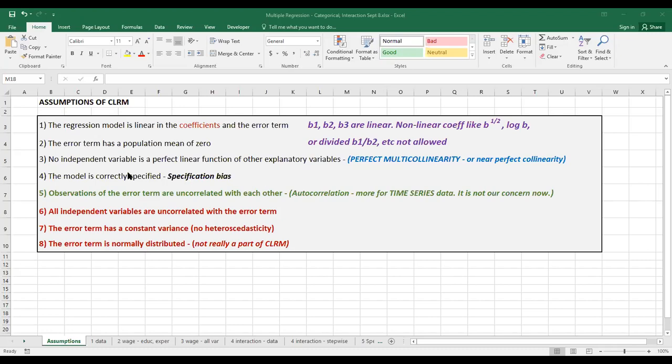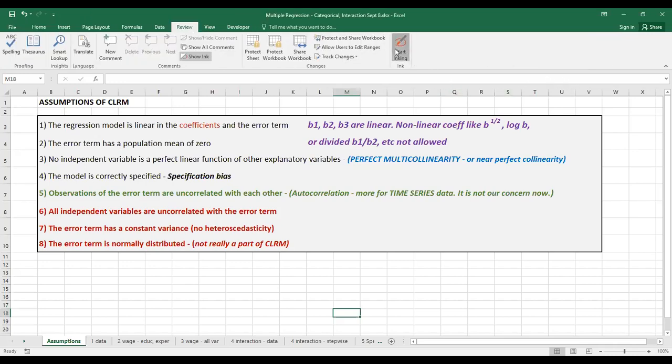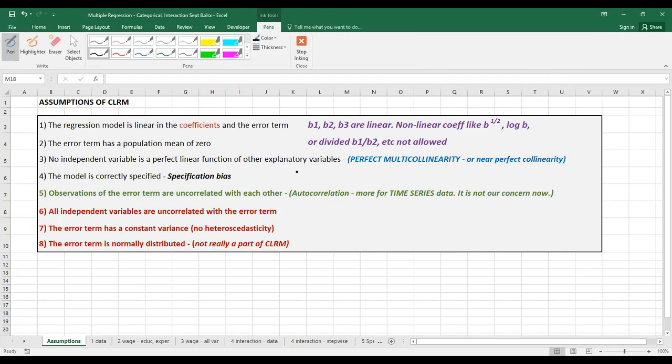Tapos sabi ko nga kanina, dapat walang specification bias. What does specification bias mean? Ang ibig sabihin ng specification bias, guys, mali yung pag-model natin, mali yung ginamit natin na model. And when does this happen?